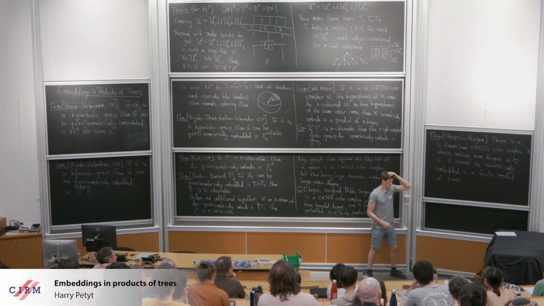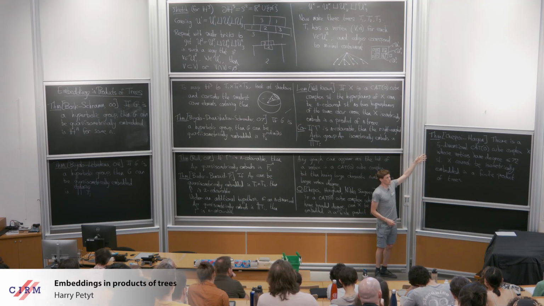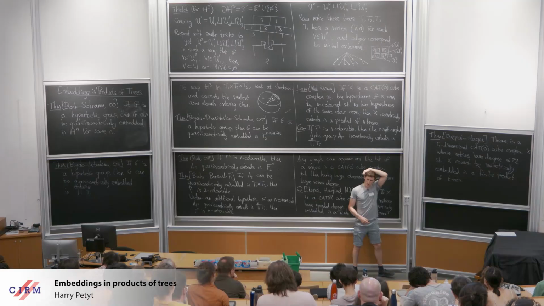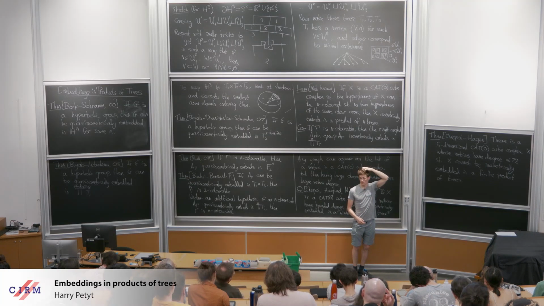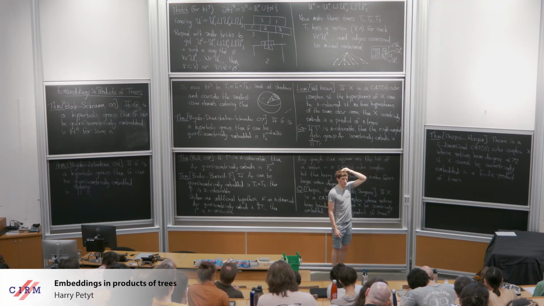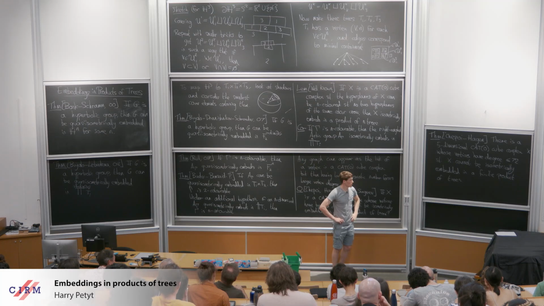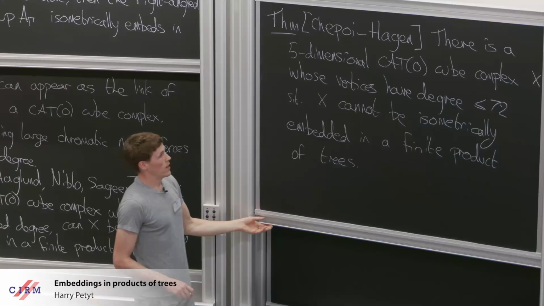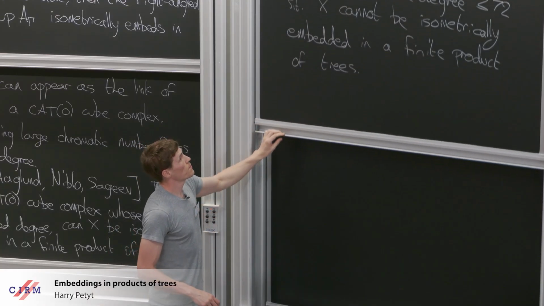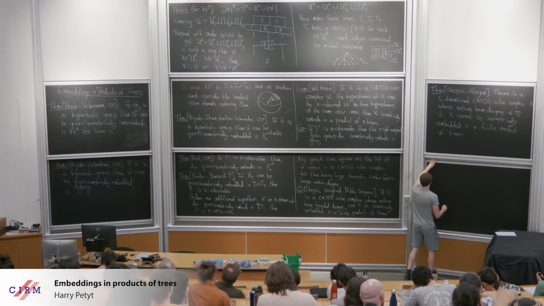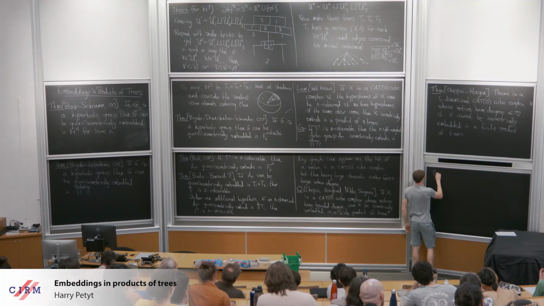So then they asked a follow-up question, which is: is this as small as you can do? Do you really need to go to 5 dimensions? Maybe there can be a lower dimensional example of such a cube complex. And so, in some ongoing work with James Davies, we provide a smaller example.